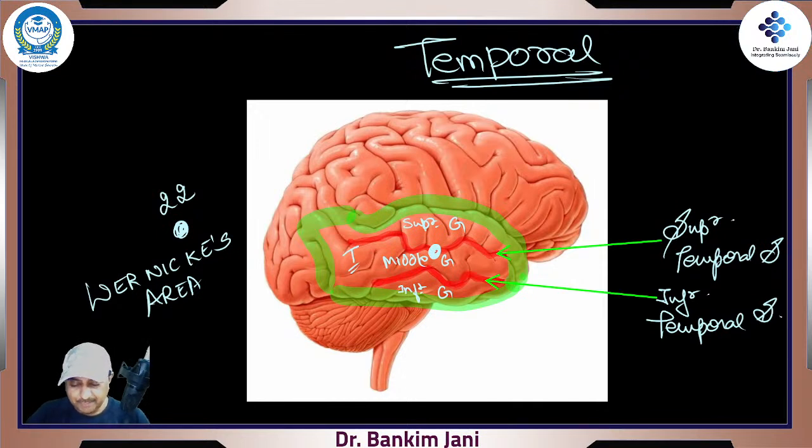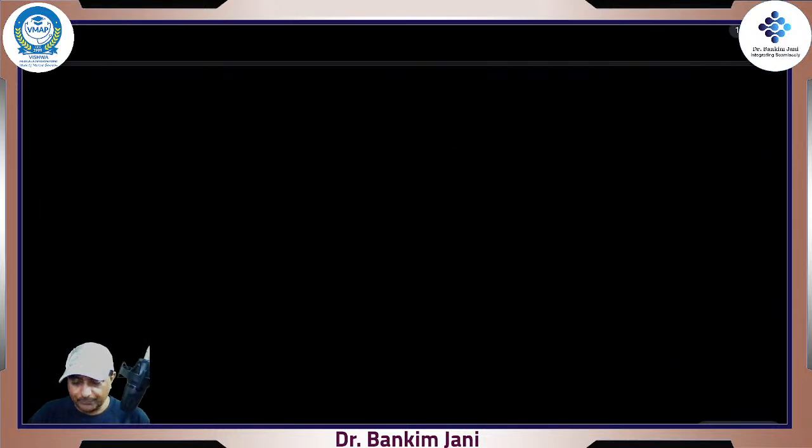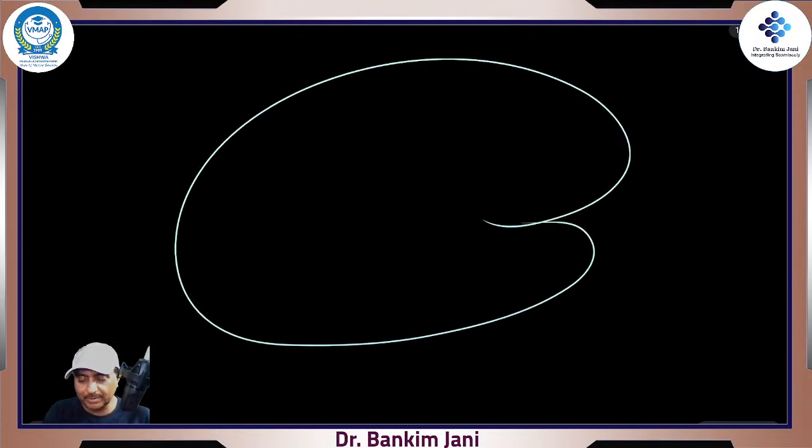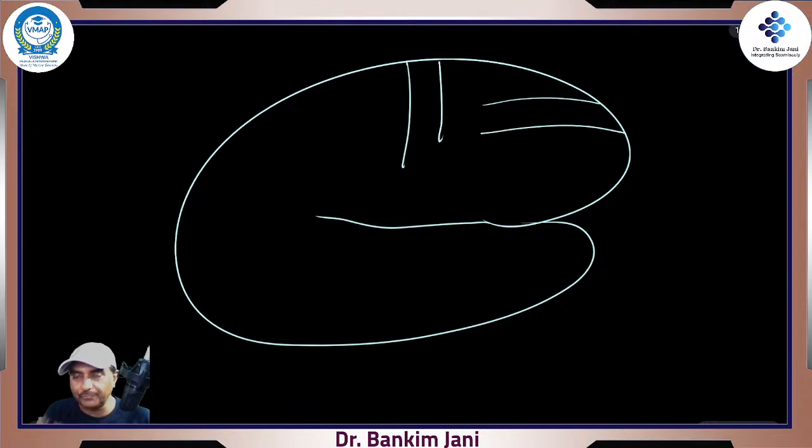So now easy. If you really want to draw, now we'll be drawing it a bit fast. This one is the central sulcus. This one was the precentral, correct? So this is what we are talking about, the frontal lobe. Then there would be the superior frontal and then the inferior frontal, these are the sulci we are drawing. And then that's the lateral one.